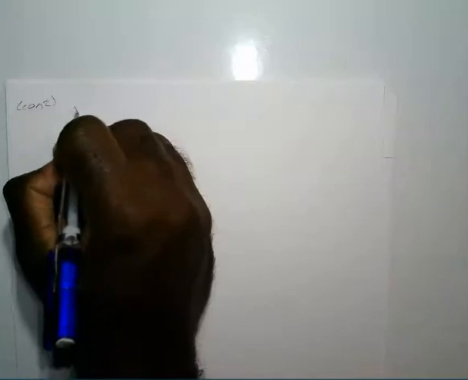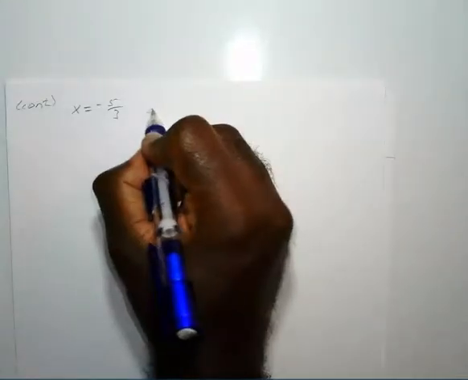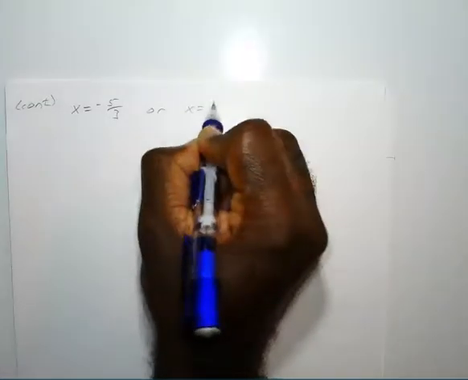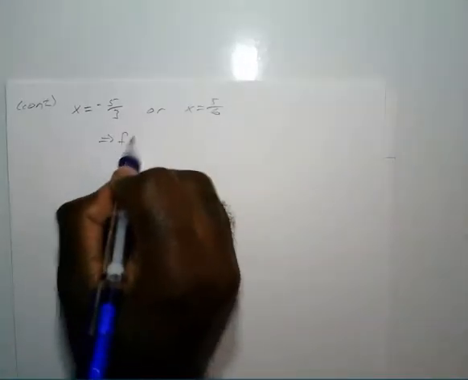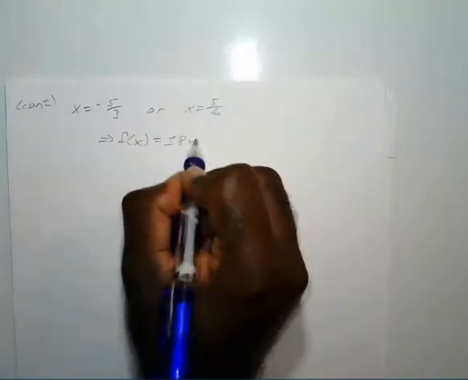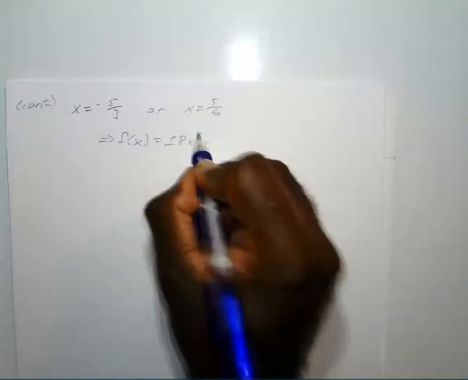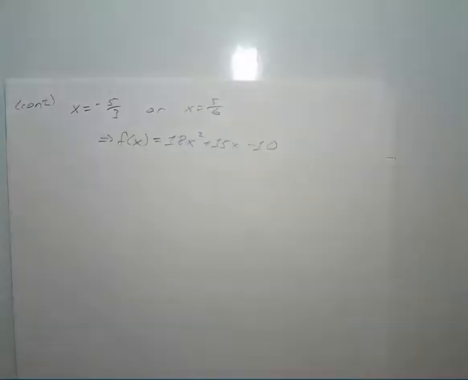Okay, so if you remember, we have x equals negative 5 over 3, or x equals 5 over 6. And our original function is f of x equals 18x squared plus 15x minus 10.